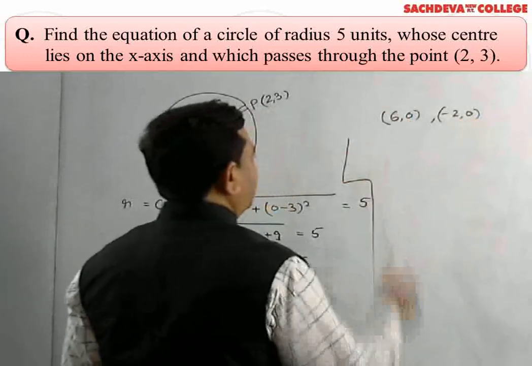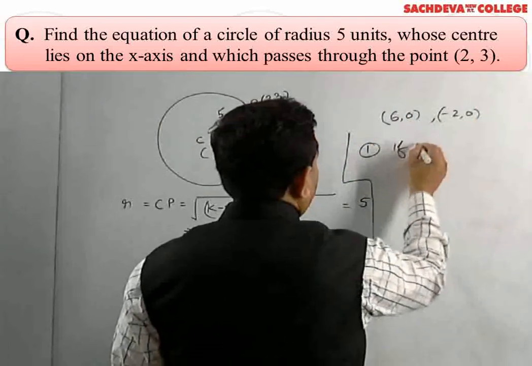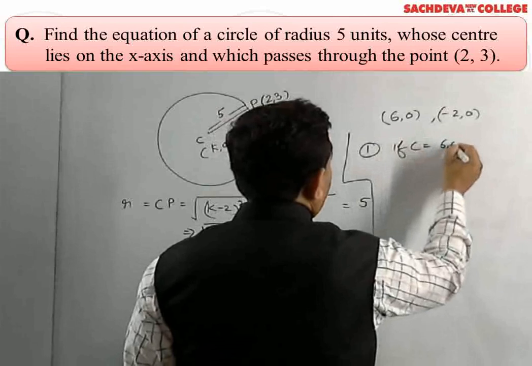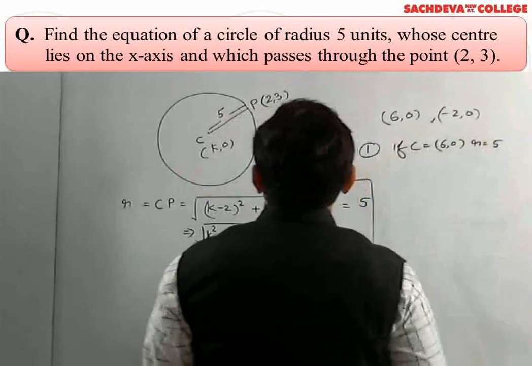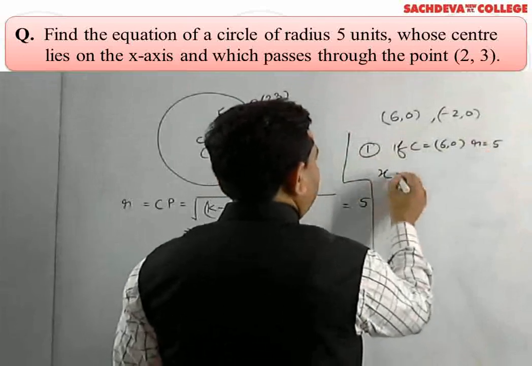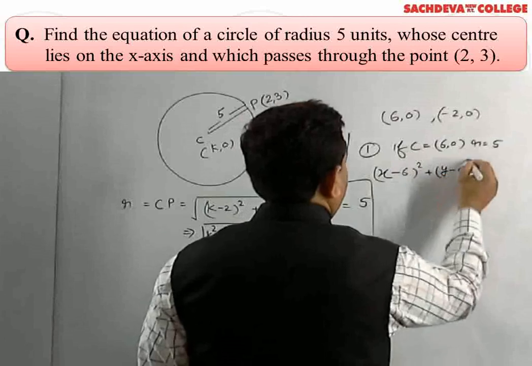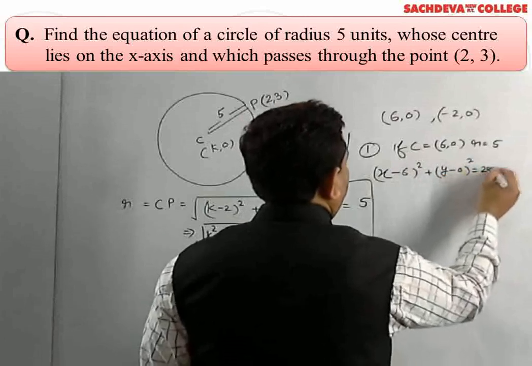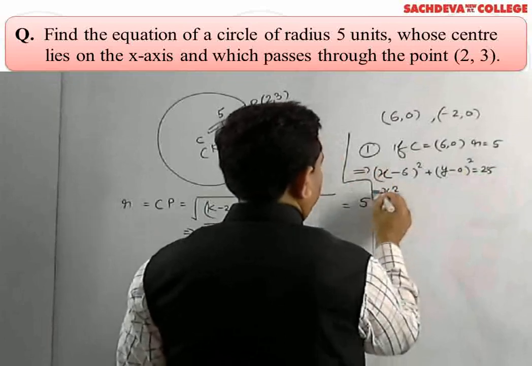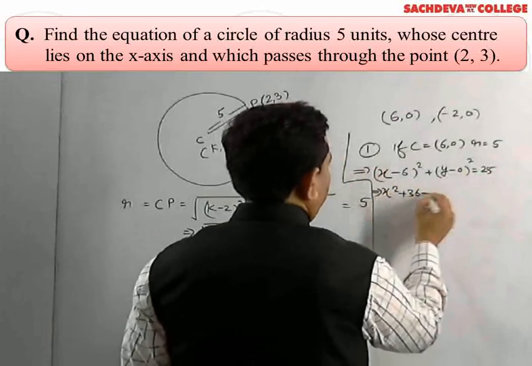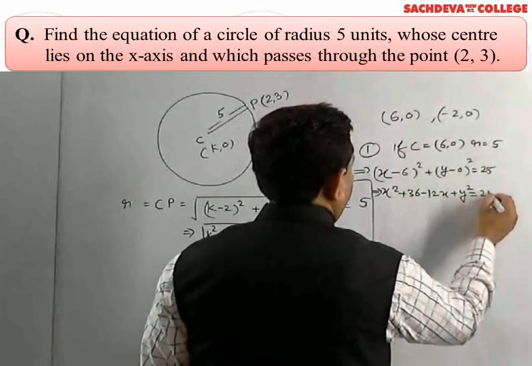So the equation of the circle will be, first, if center is (6, 0) and radius is 5, the equation of circle will be (x minus 6) whole squared plus (y minus 0) whole squared is equal to 25, or x squared plus 36 minus 12x plus y squared is equal to 25.